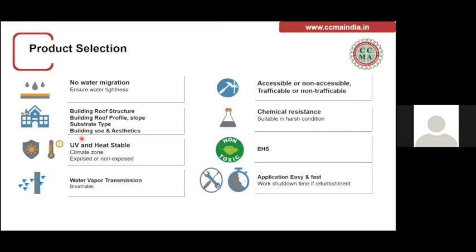Sometimes we have so many pedestals, so a waterproofing has to be bonded to steel, concrete, metal. Then the UV stability of the system, as many times we have to expose the membrane. Water vapor transmission: your waterproofing should always be breathable. So these are the basic requirements, and when approaching any waterproofing prospect, we should have a proper questionnaire ready to analyze the whole situation and place the right product.